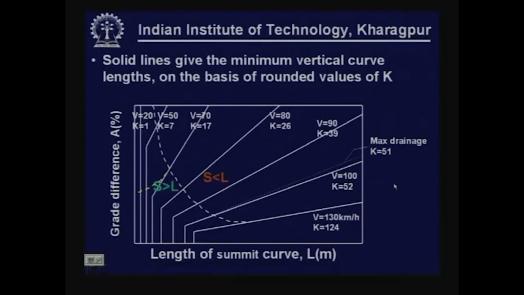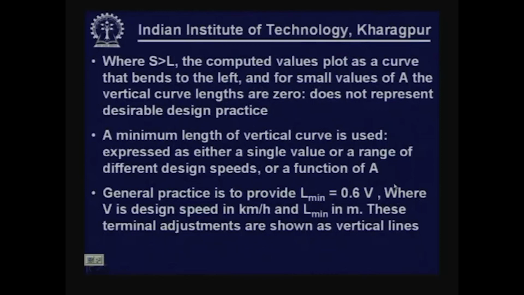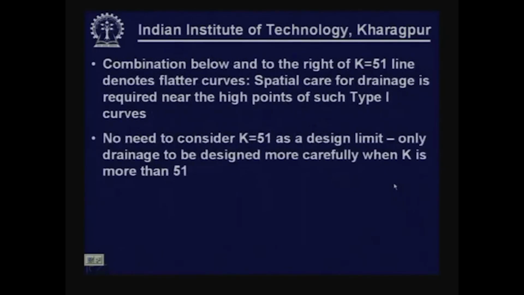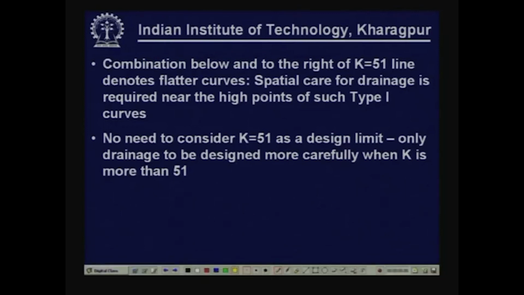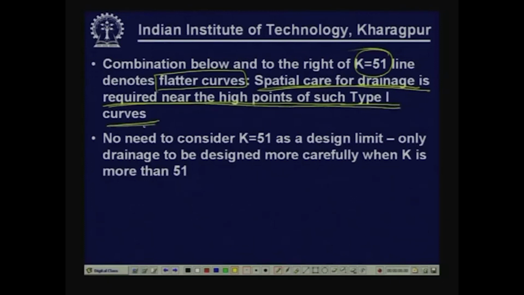Of course, if it is more than 51, then special care should be taken for drainage near the high points of such type 1 curves, because if K is more than 51, they are essentially flatter curves. So, therefore, special care is necessary for drainage near the high point of such type 1 curves.